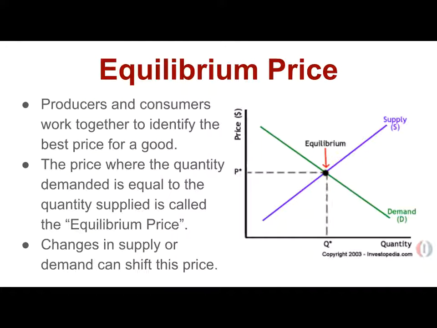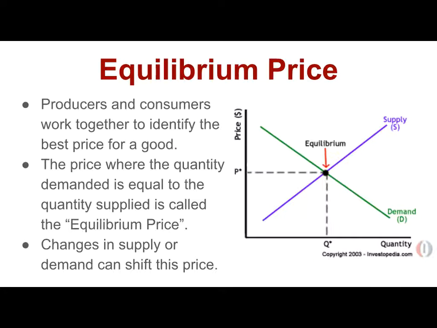Equilibrium prices. Equilibrium prices are the essential point of this microeconomics series of lessons. This is a point where producers, those with supply, and consumers, those who control demand, work together to identify the best price for a good. This is the equilibrium price.